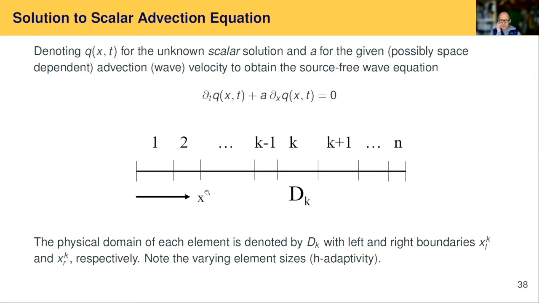Again, something very easy to do is the so-called H adaptivity. I mentioned this word already. That's basically changing the mesh size, changing the element size, which in this case is really straightforward.